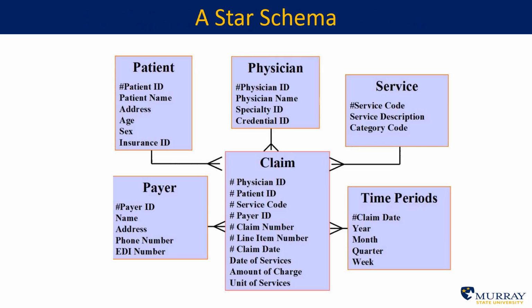So this is what a star schema looks like. You have a fact table, let's say a table that stores information about claims. And the kind of information stored includes physician ID, the ID of the doctor responsible for that particular claim, patient ID, in relation to which patient a particular medical insurance claim was made, and so forth.